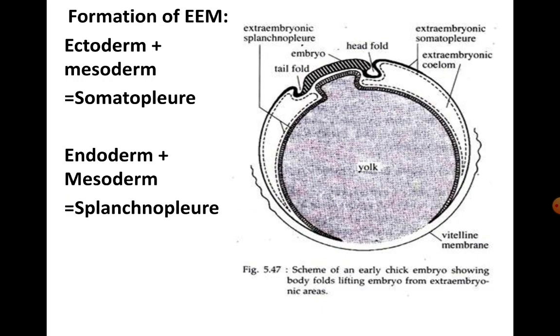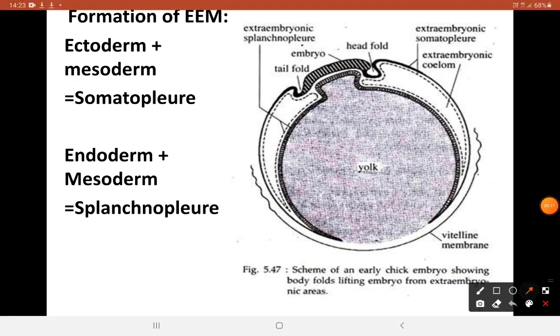Now as I said, if you see here, when there is a splitting of mesoderm, this is the lateral plate mesoderm and here it's splitting into two, here one and here one. This dotted line represents the lateral plate mesoderm.